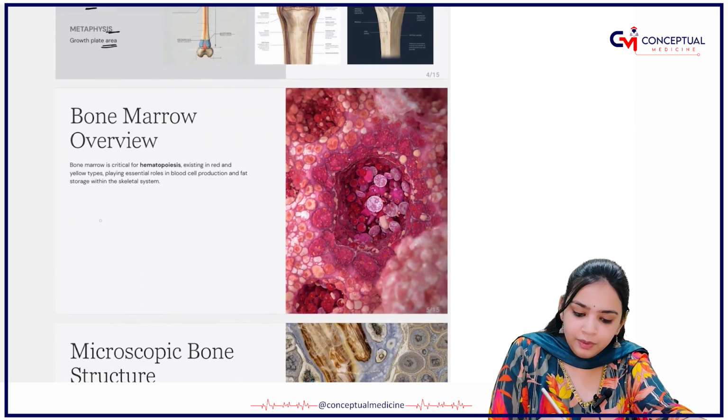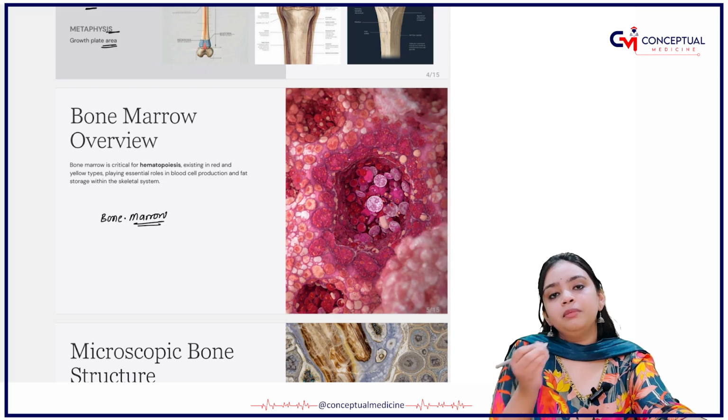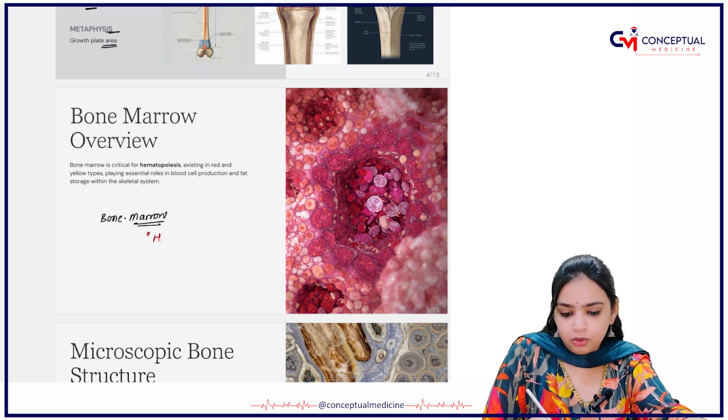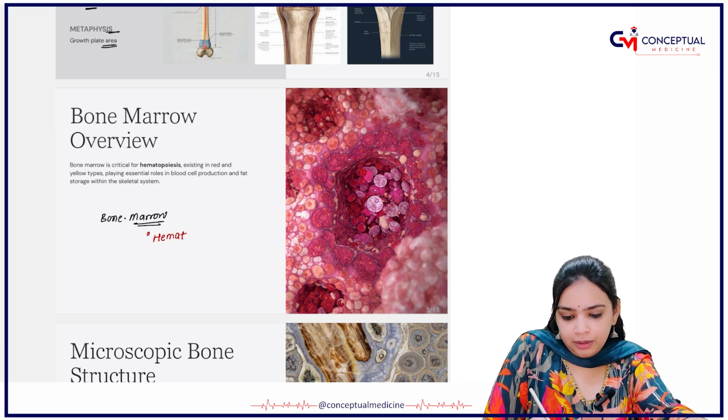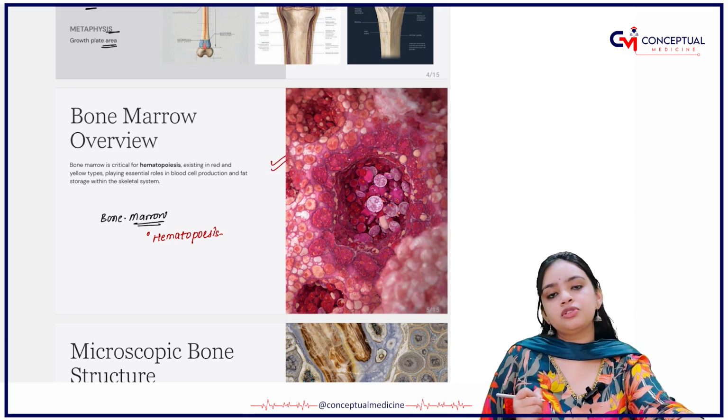Now, next we have the bone marrow. Why is bone marrow important? Bone marrow is basically critical for the process of hematopoiesis, and this is the process which is going on.